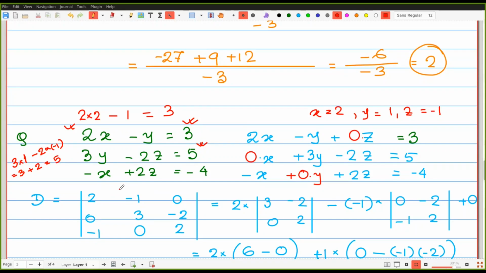If we consider the third equation also, no problem. Minus 2 plus 2 into minus 1, that is minus 2 minus 2, that is minus 4. So that is our solution: x is equal to 2, y is equal to 1, z is equal to minus 1. So that is the way we can proceed with Cramer's rule to solve a system of linear equations.